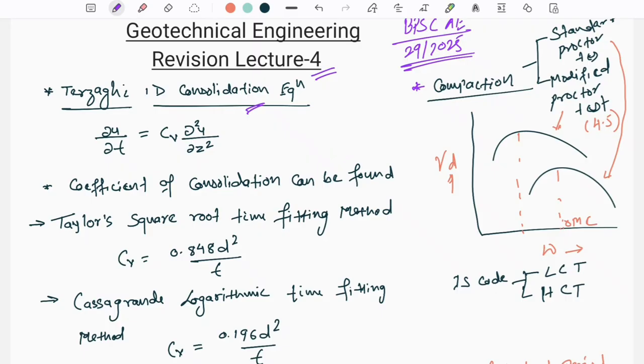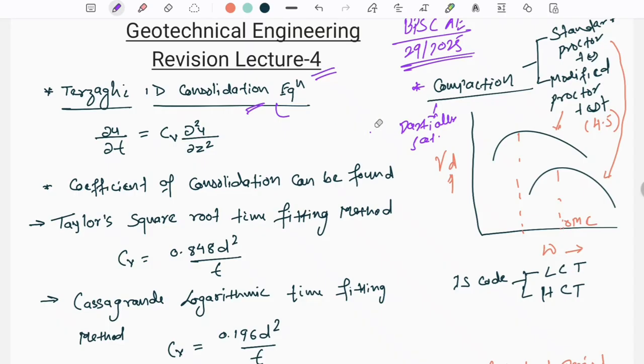And in consolidation the soil is fully saturated, whereas in compaction it is partially saturated. So these are the key differences between consolidation and compaction.